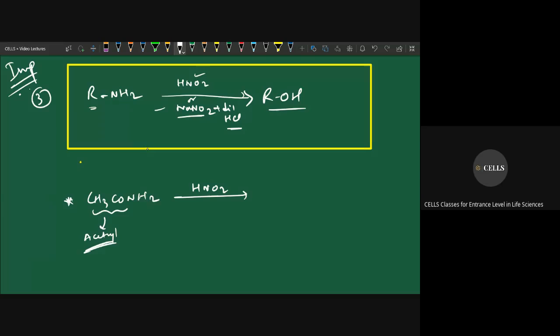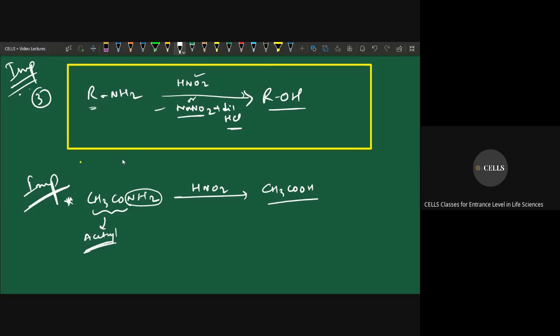OH will come in its place, so this will be CO and then OH, carboxylic acids. Important. From acetylamine you can also get CH3COOH.